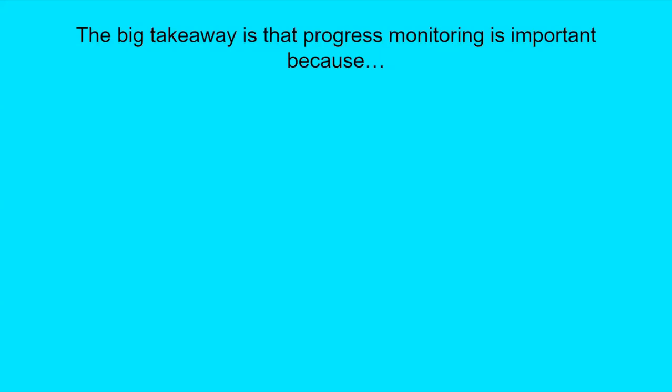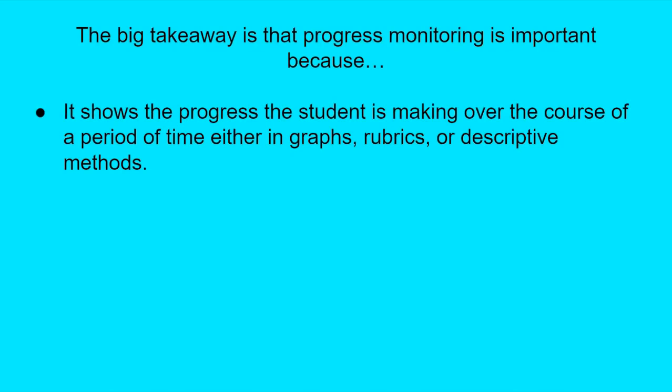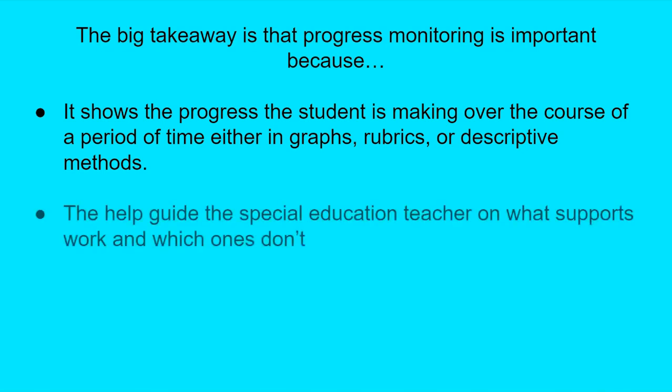The big takeaway is that progress monitoring is important because it shows the progress the student is making over the course of a period of time, either in graphs, rubrics, or descriptive documentation. They help guide the special education teacher on what supports work and which ones don't.